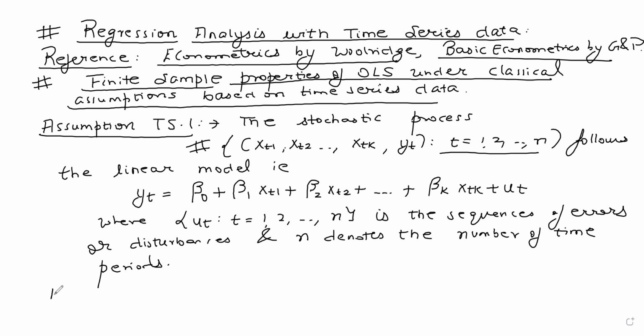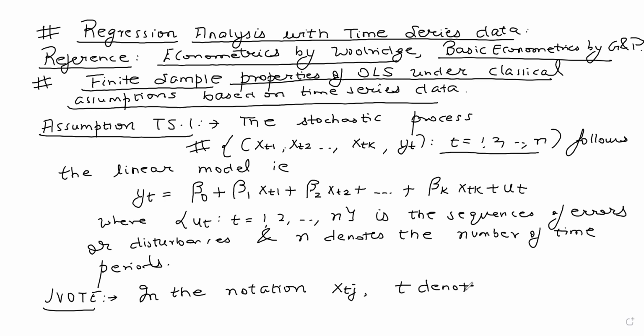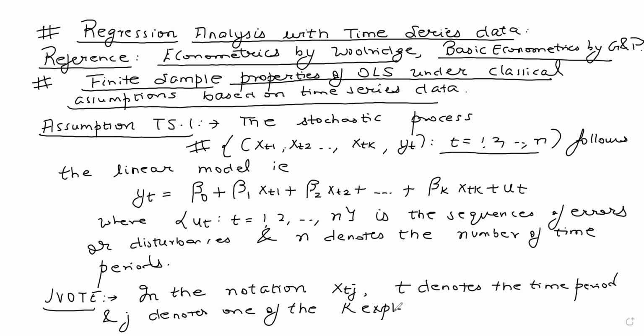Okay, so I'm just writing a note to make it more clear. In the notation xtj, t denotes the time period and j denotes one of the k explanatory variables.